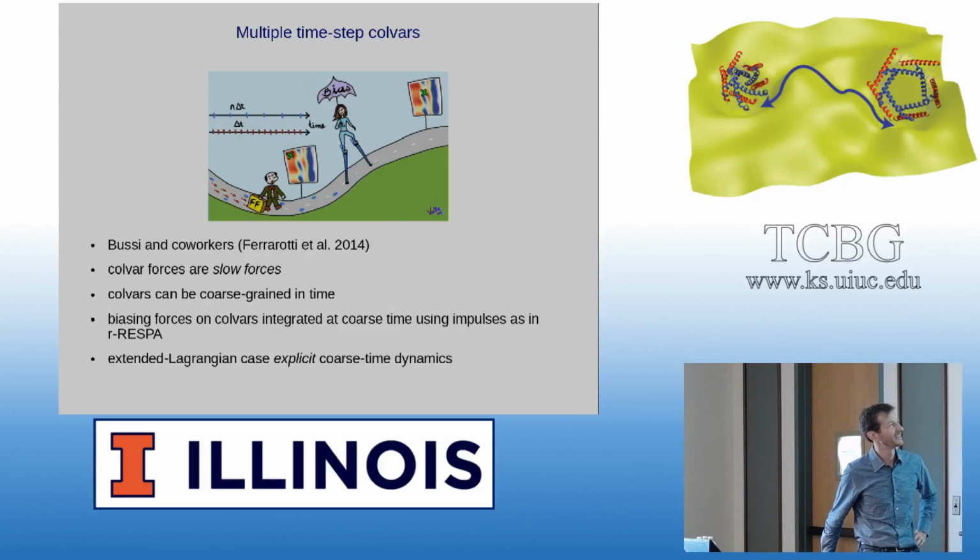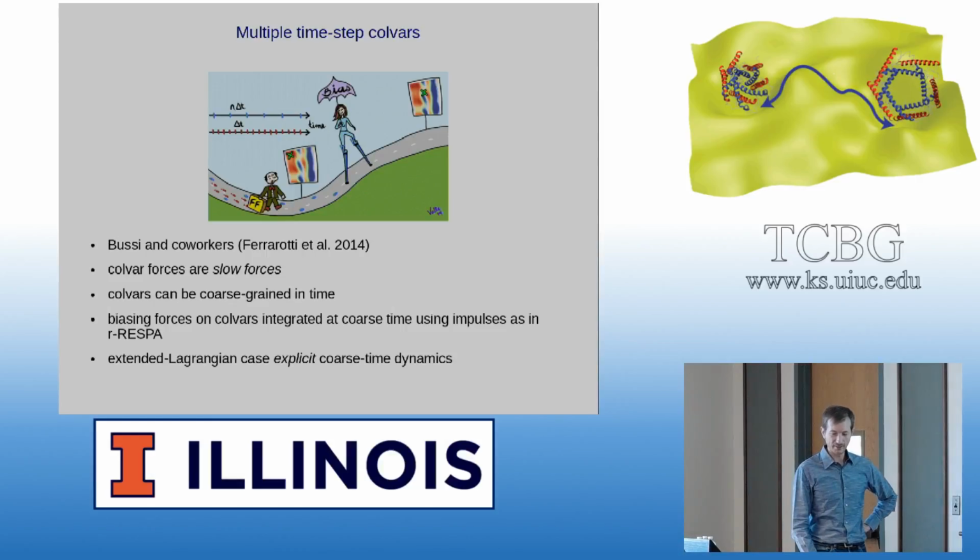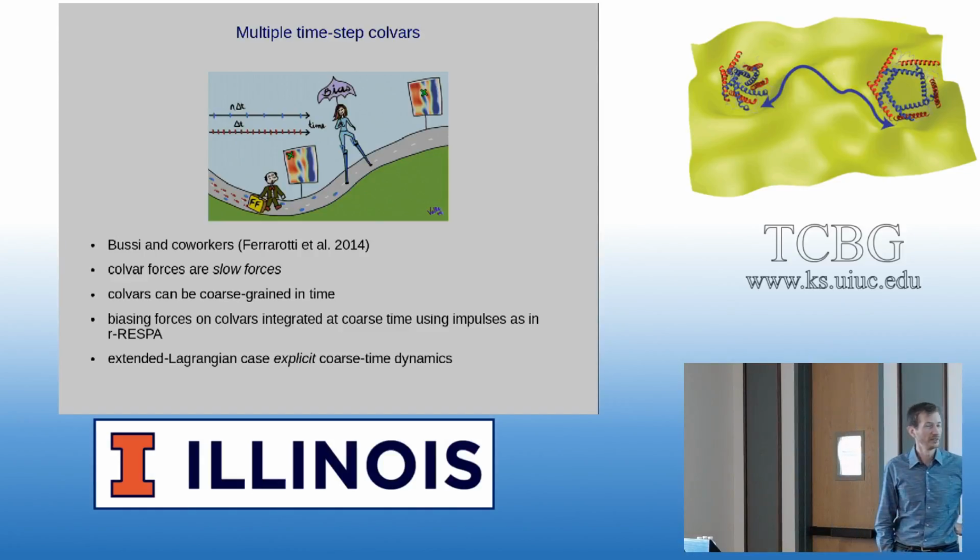Yeah. Just have a question on the multi-time step colvars. Is it possible to define a colvar dependent on the value of a third colvar? So you depend on the value of the other colvar? Not explicitly, but you have scripts, and with scripts you can do everything, right? If you write a scripted colvar, nothing prevents you from calling the scripting interface and requesting the value of the second colvar.